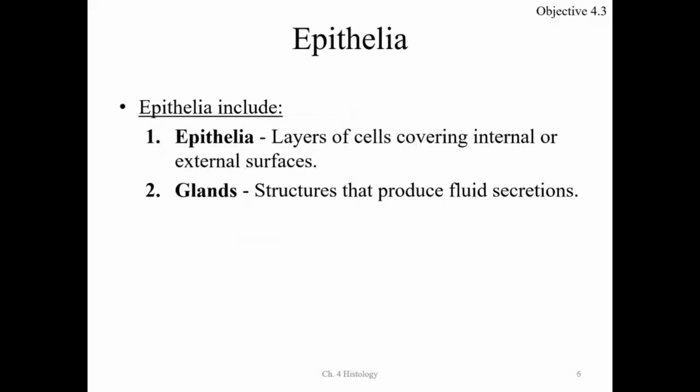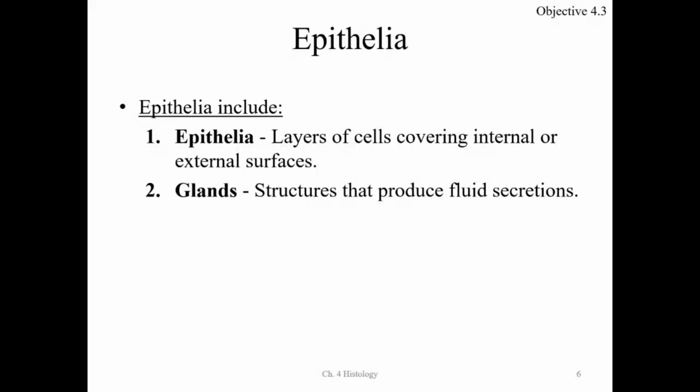So epithelia, the epithelial cells, are layers of cells that cover the internal or external surfaces. So this covers us inside and out. Your outer surface, like your skin, would be epithelia, the lining of your mouth is epithelia, the lining of the anus is epithelium. So epithelia lines us inside and out, an internal and external covering.